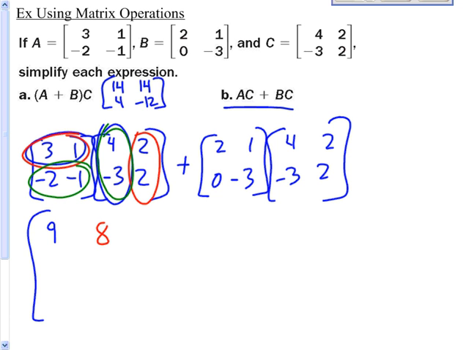Negative 2 times 4, negative 8, plus negative 1 times negative 3, so negative 8 plus 3, negative 5.